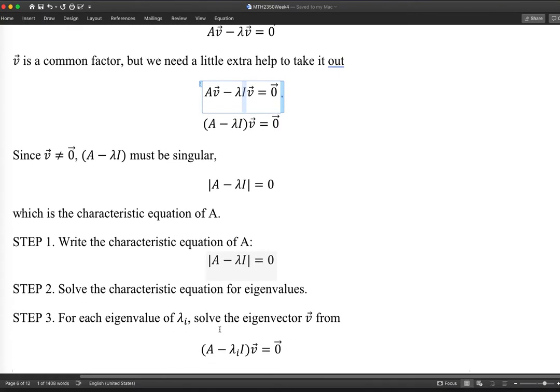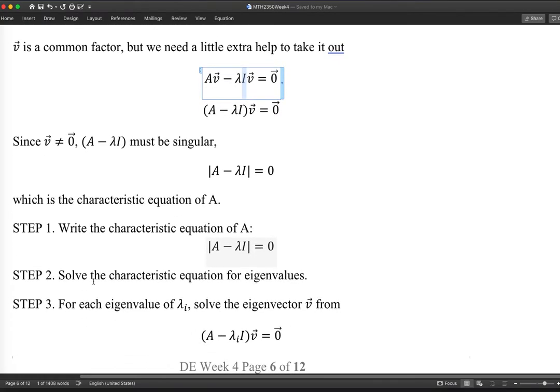So I listed the 3 steps. Basically, I just took those steps from the textbook. In order to find eigenvalues and eigenvectors, first we have to consider the characteristic equation, the determinant of A minus lambda I. This is the characteristic equation.